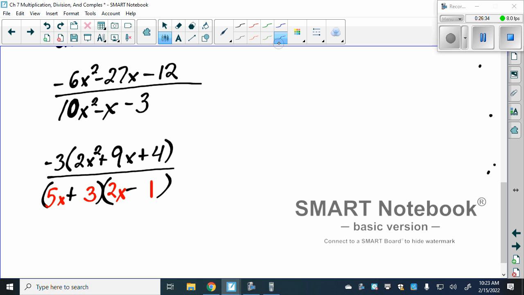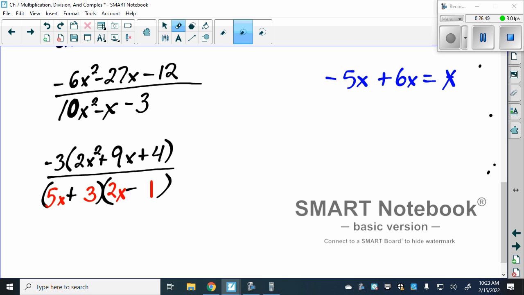So let's check it, because this seems a little funky, yes? 5x times negative 1 would be negative 5x. 3 times 2x is plus, which would give us a positive x, so yes. So we would need to switch the signs. Did not need to erase that, because this should be negative and this should be positive.